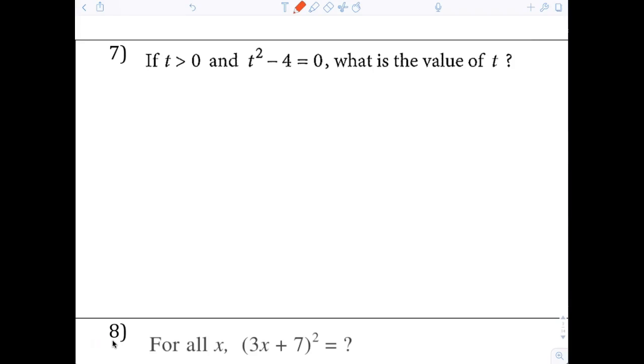Besides, 0 squared minus 4 isn't 0. Where are you at? 4? Does 4 squared minus 4 equal 0? No. Yes, come on. Good. Now put t equals 2. You don't just put that down. You ready? You understand?